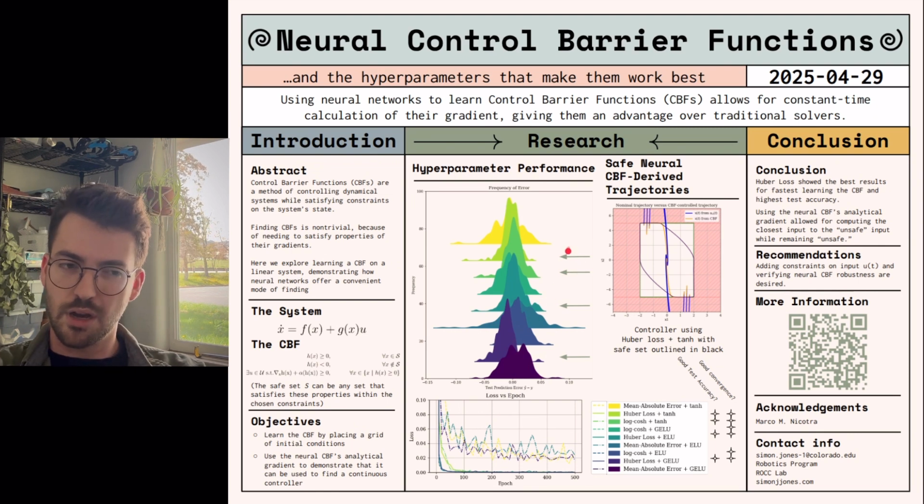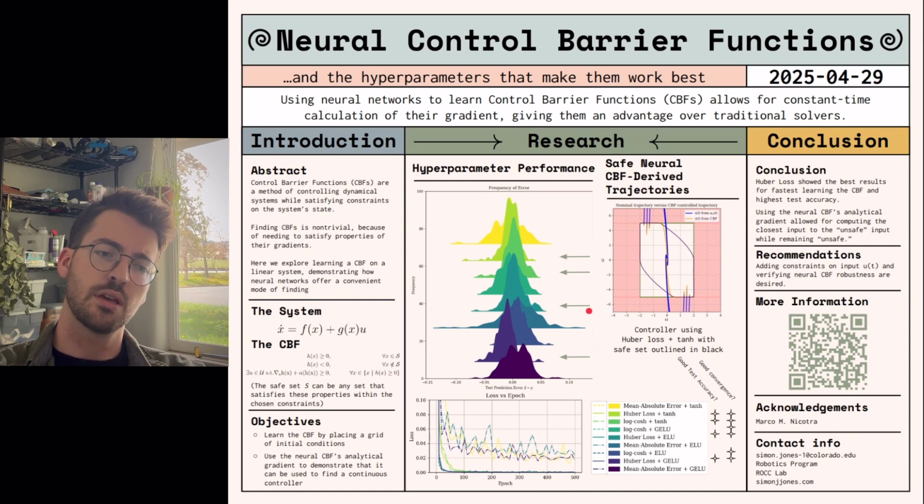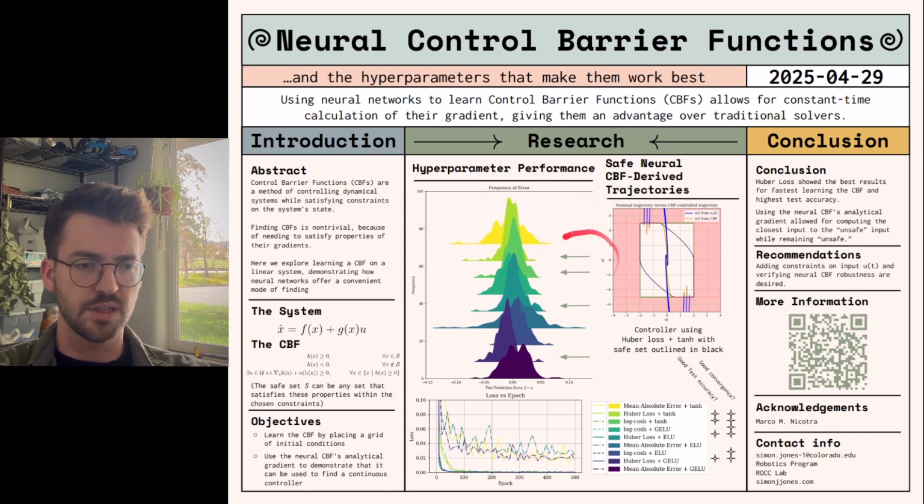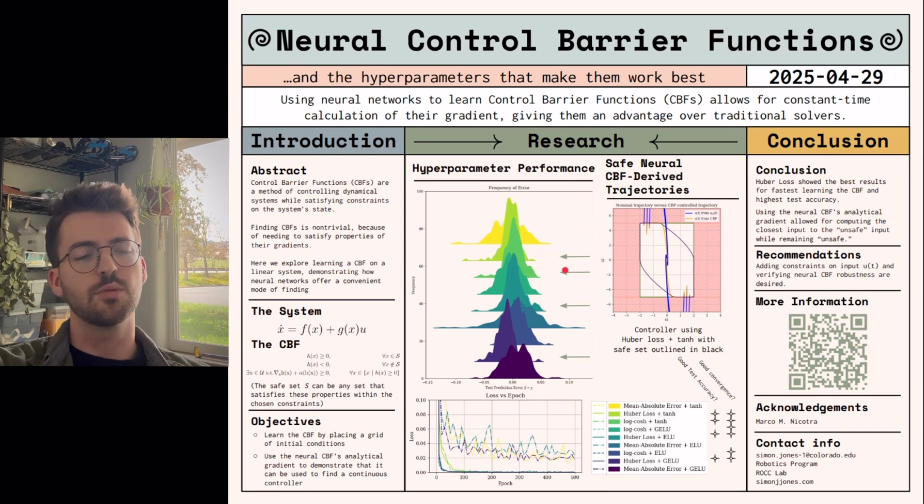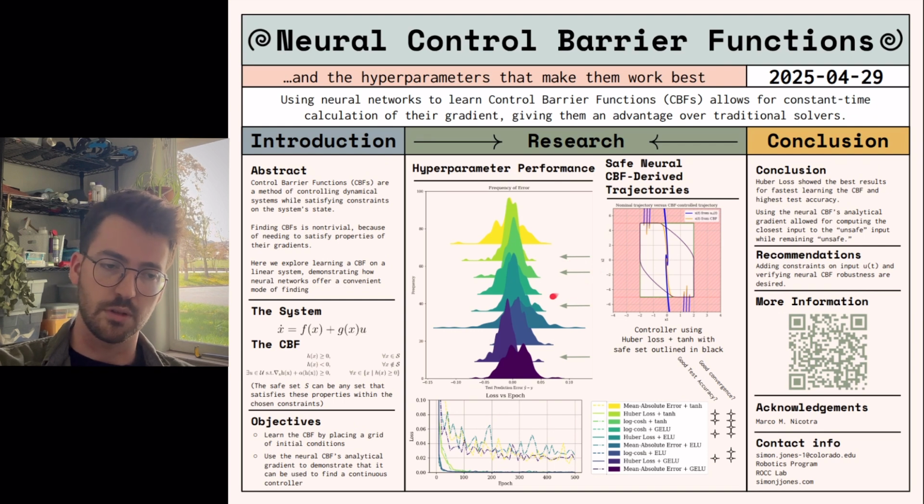Oddly enough, 3 of these are Huber loss, so we're seeing that it's independent of activation. The first 2 are Tanh activation, so there might be something to be said about Tanh activations. But from what I can see so far, Huber loss seems to perform the best as a loss metric.